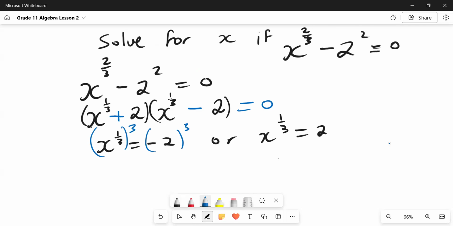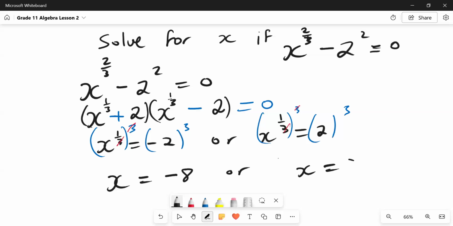Now you multiply your exponents with an inverse to get rid of that 1 over 3. So now you'll have x equals negative 8 or x equals 8. And you got your two solutions, right?